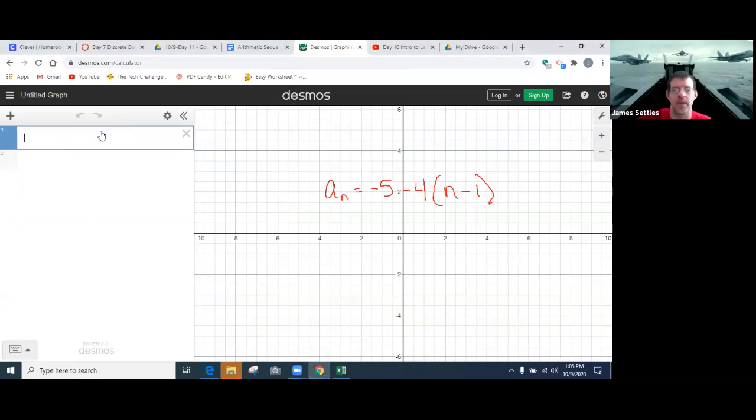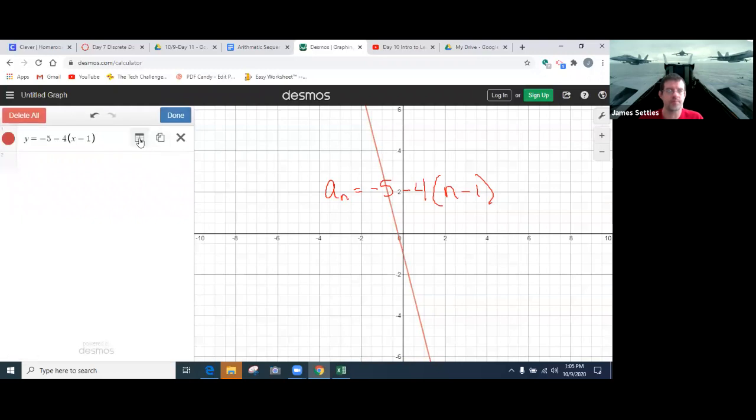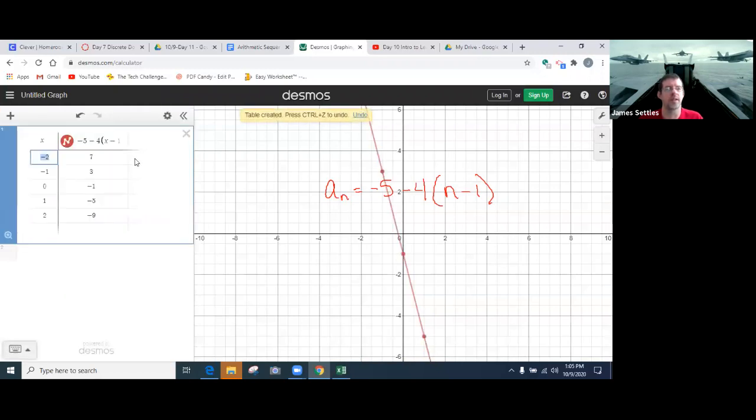So we're going to type in y equals -5 minus 4 times x minus 1. All right, and then we don't really care about the line. We want the table. So we're going to hit the settings button and click on table. And then we're going to continue.